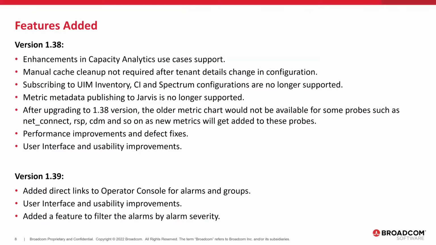You will get a multi-select list box, and from the list box you can choose which severity category alarms you want to send to OI. Say if you want to send only critical or major alarms, you can just choose those two options, and the rest of the alarms are just ignored or discarded by the probe.